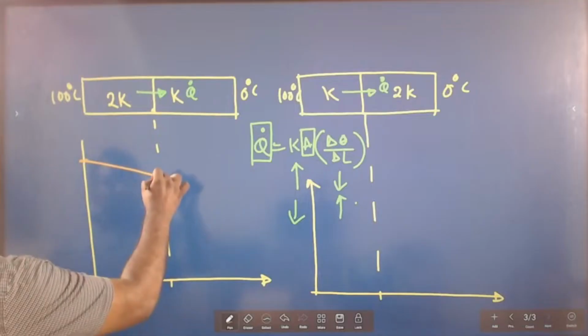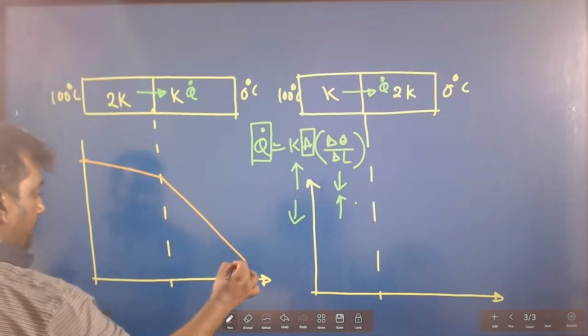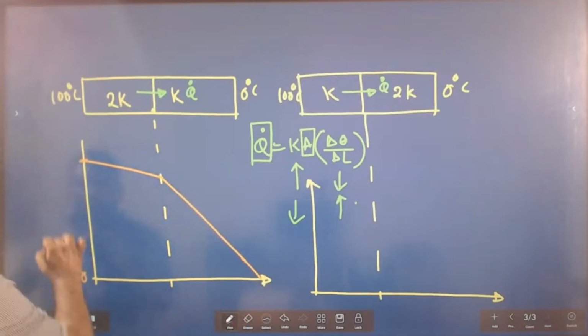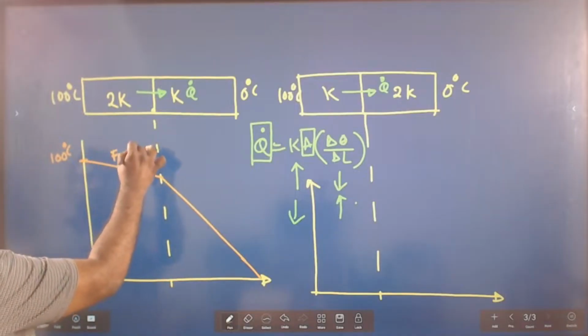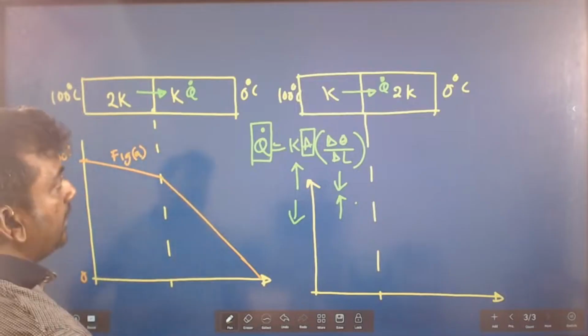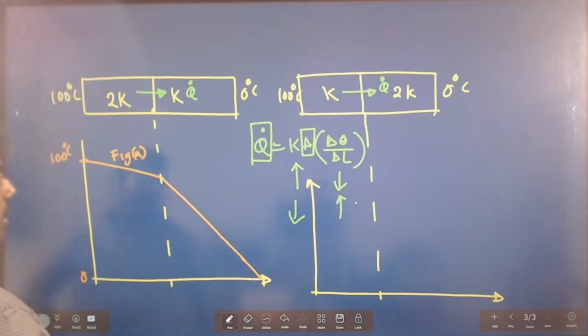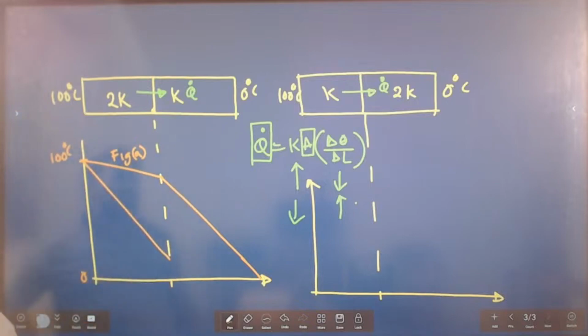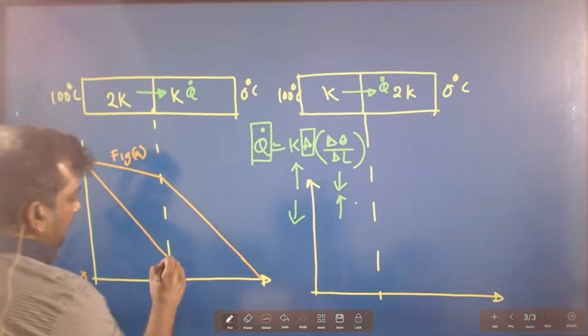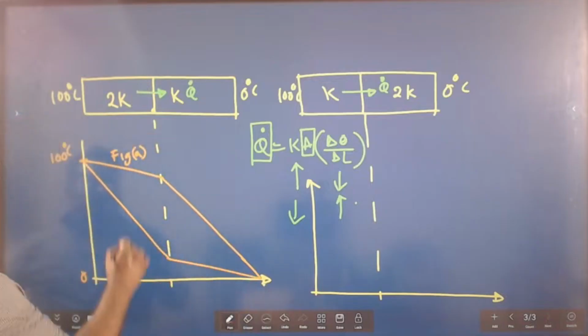Smaller K means larger temperature gradient. 0, 100. This is in figure A. I'll draw both together, easier. What about figure B? K is small, gradient is large. Next, K is large, gradient is small. This is figure B.